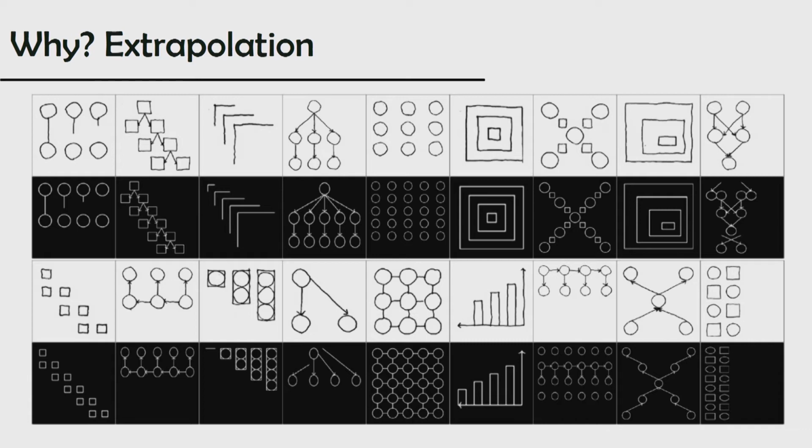For example, one of the things that we find is that it's not always perfect. In some cases, it makes generalizations that are not exactly what you would expect, right?